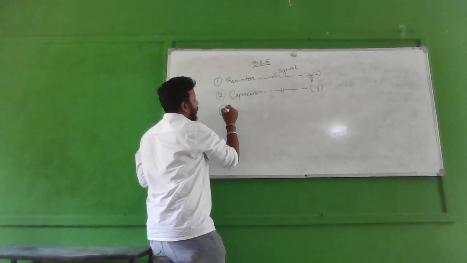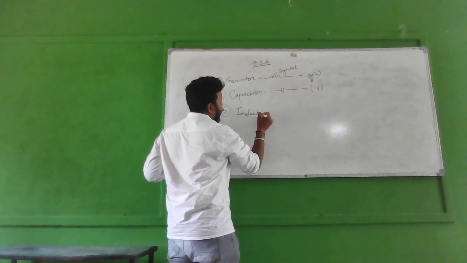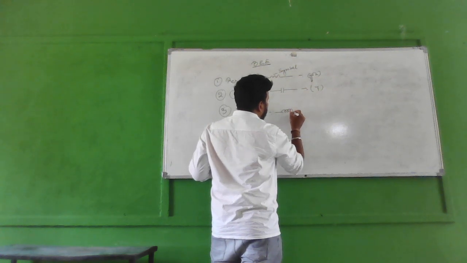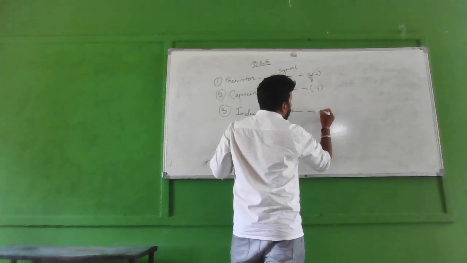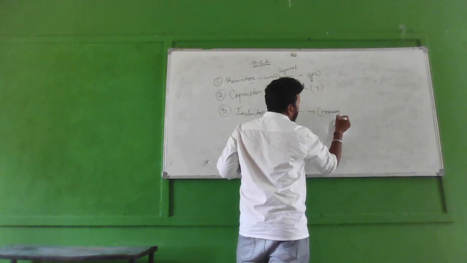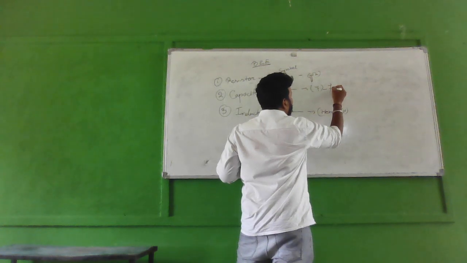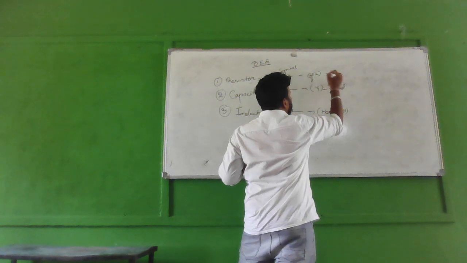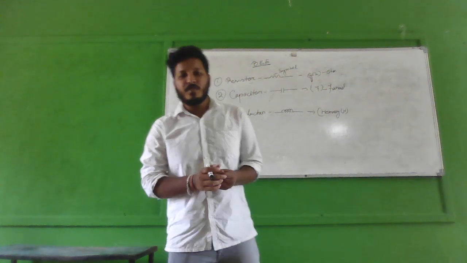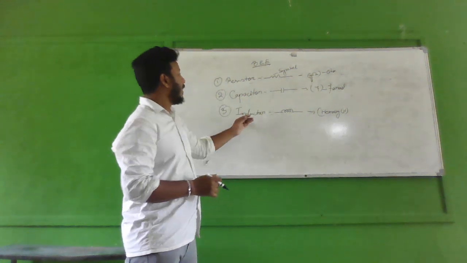Third one, inductor. The symbol of inductor is a coil, and its unit is Henry, or we can call it H. So these are the main parts of our electrical engineering: resistor, capacitor, and inductor.